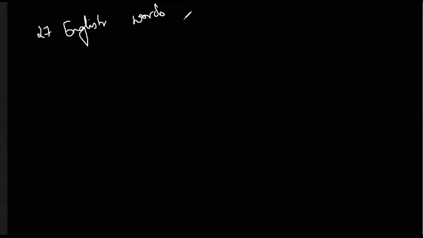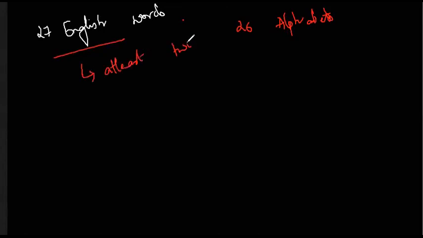We have 26 alphabets in the English language. Then we can say that whenever we are speaking about 27 English words, there must be at least two. There might be more than two, but the minimum is that there must be at least two that begin with the same letter.